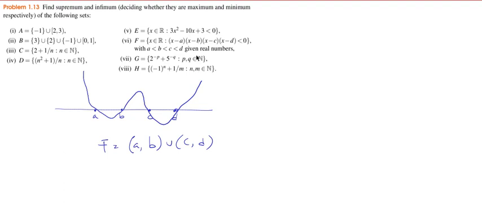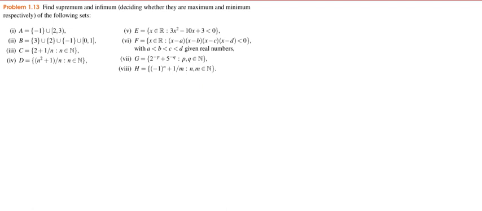All other combinations will give you positive products. Okay, so again, you don't have a minimum, you don't have a maximum. The infimum of F is A, the supremum of F is D. Okay, no minimum, no maximum.